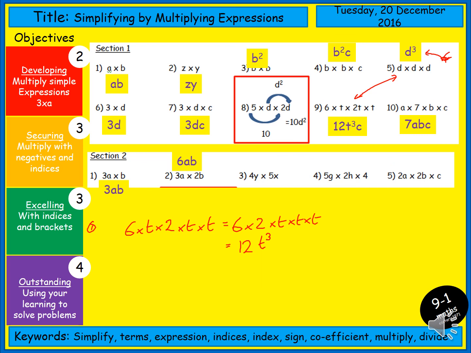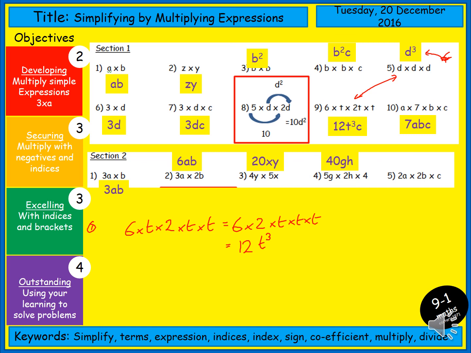Question 3, we've got 4y times 5x. So we times the numbers and then times the letters, so that gives us 20xy. Question 4, again, times the numbers, times the letters, so we do 5 times 2, which is 10, times 4 is 40, and then we've got g times h, so our final answer will be 40gh.